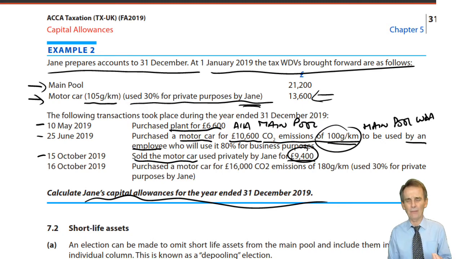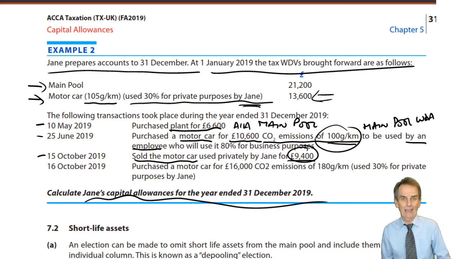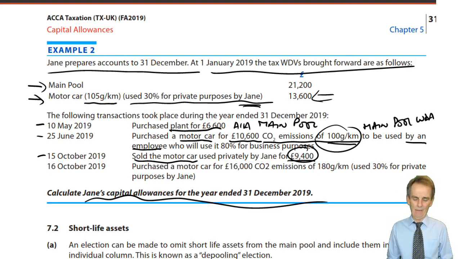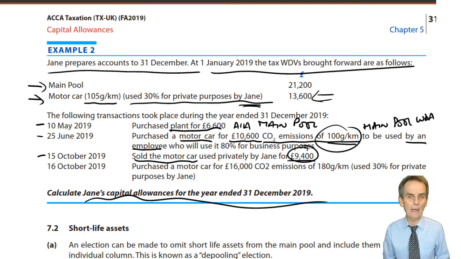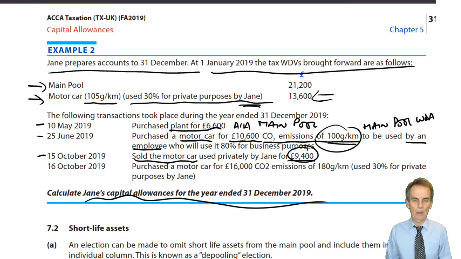And when we sell off a non-pool asset at other than the tax written down value, here for less than the tax written down value, a balancing adjustment will arise to clear out any remaining capital allowances or to claw back the fact that we've had too many capital allowances over the period of ownership.